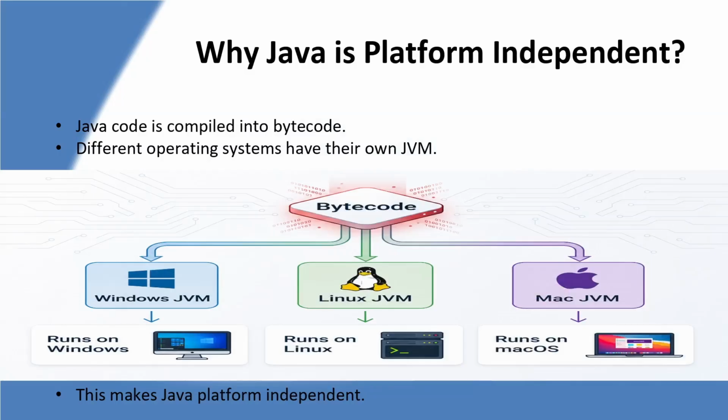The next question arises: why is Java platform independent? The answer is simple. The Java compiler generates bytecode instead of machine code. Different operating systems have their own JVM.